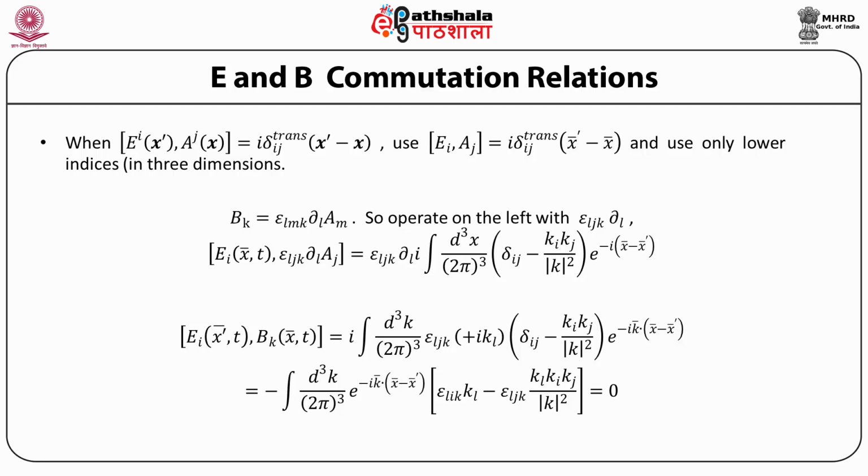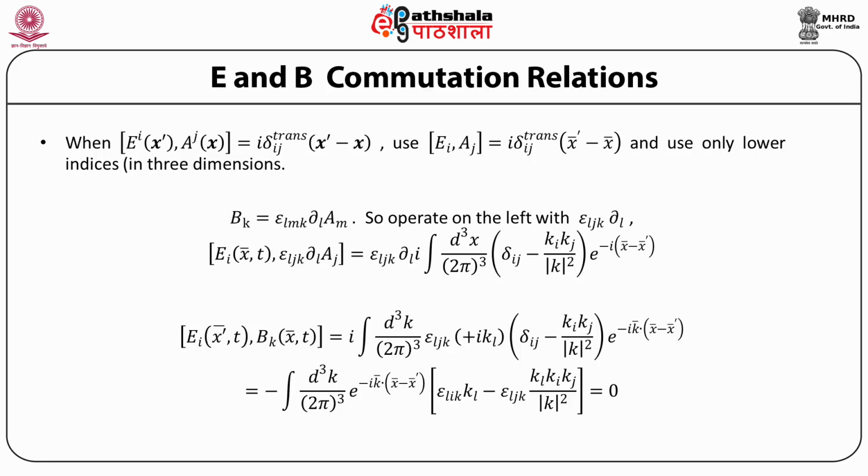The commutator of E_i(x', t) and B_k(x', t) gives us, again similarly, the integral over d^3k ε_ljk, and two terms both with the coefficient plus i k_l multiplied by (δ_ij minus k_i k_j divided by k vector squared).